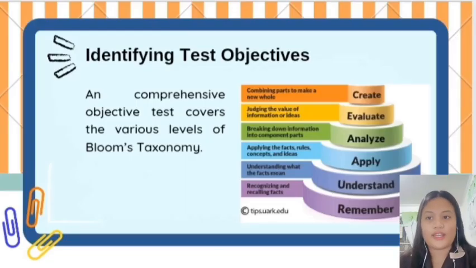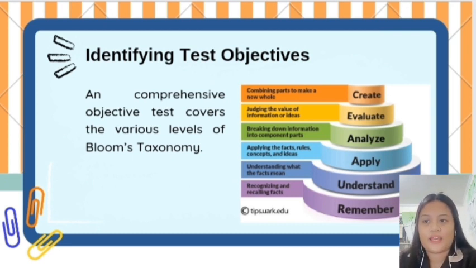So moving on, in identifying the test objectives, it is a comprehensive test that covers the various levels of Bloom's taxonomy. So in identifying test objectives, again, it must cover the various levels of Bloom's taxonomy.